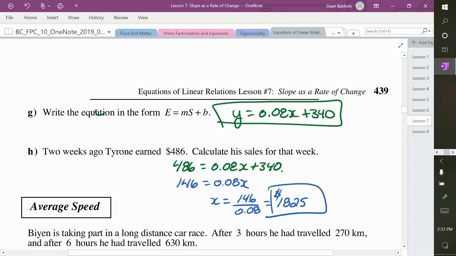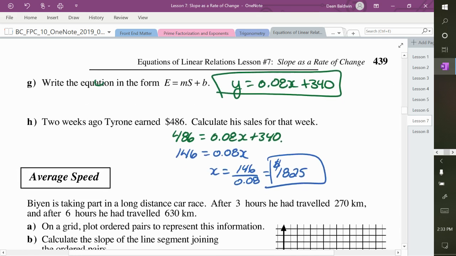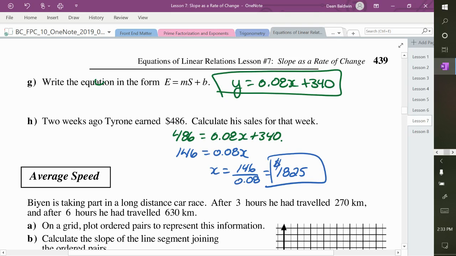How much did he sell? Sold $1,825. Okay. You put 486 in for Y. You move the 340 over, so you subtract it. You divide off the 0.08.